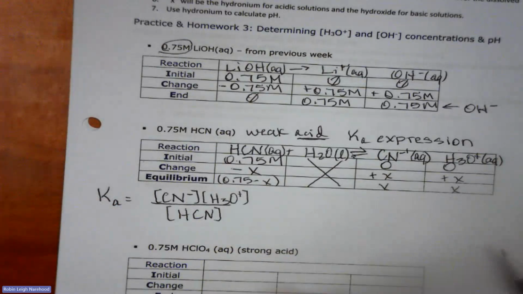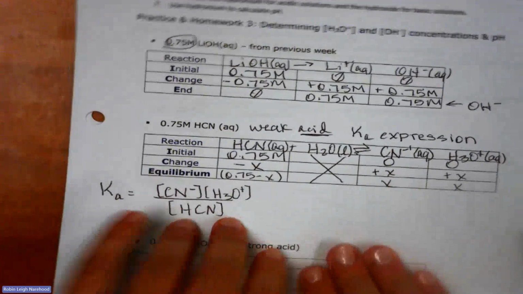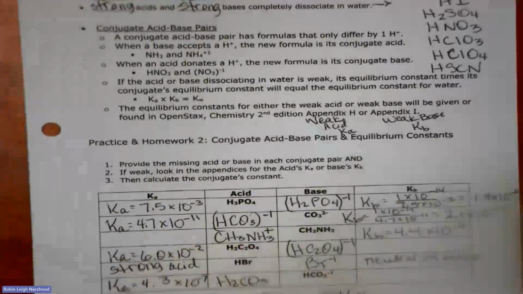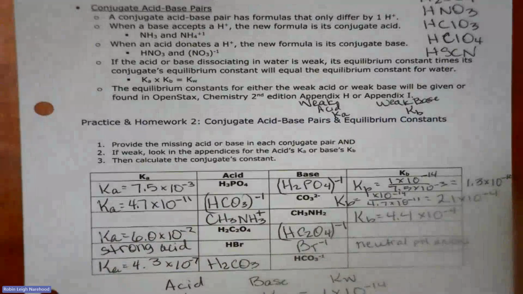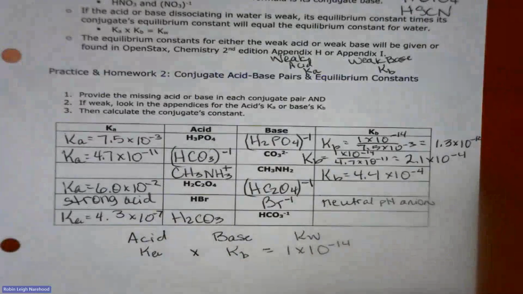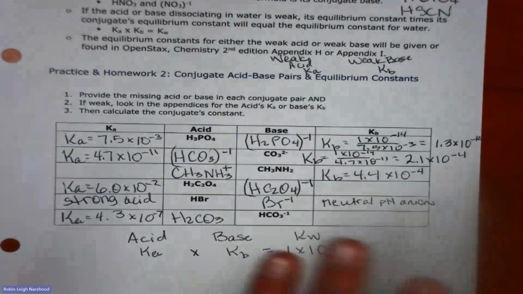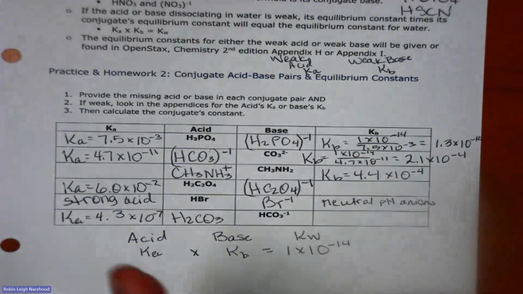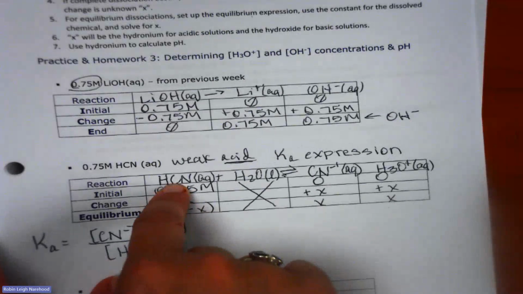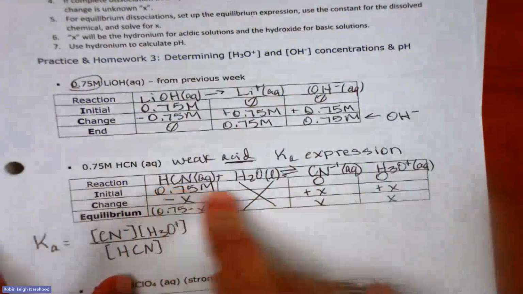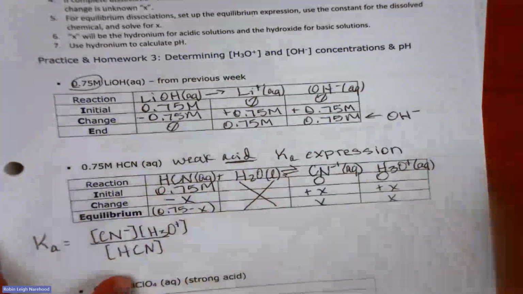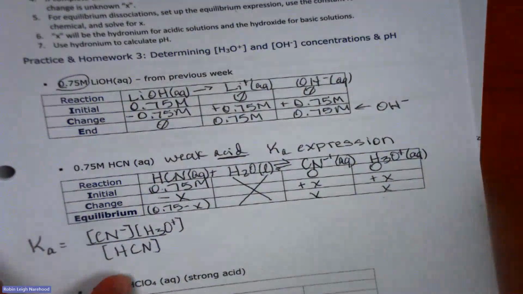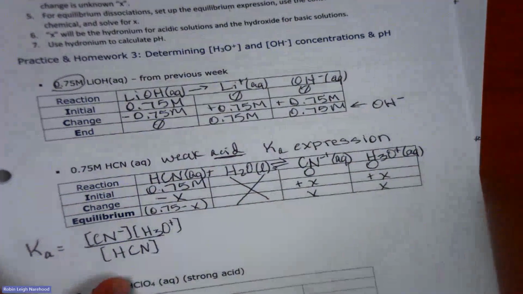So we did it on the previous page because I wanted you to understand how and where to find it. So what two places would you use to find a constant that was a Ka? Either you would look up this formula in the Ka chart, or you would look up its conjugate in the Kb chart and calculate the Ka.